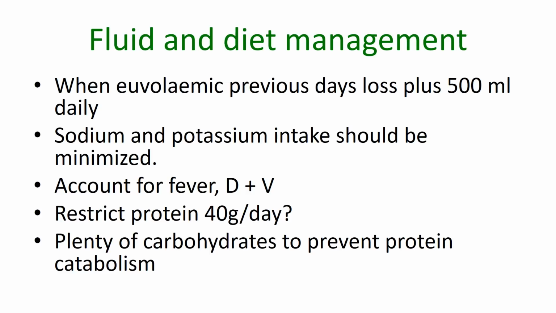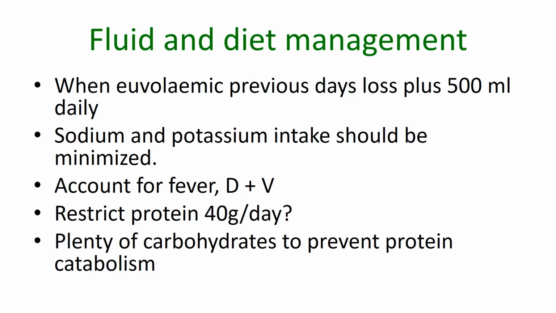So we need to monitor the previous day's output. What has the patient lost in urine, in vomit, in stools, whatever it is. And to that, we want to add 500 mils for the insensible loss.